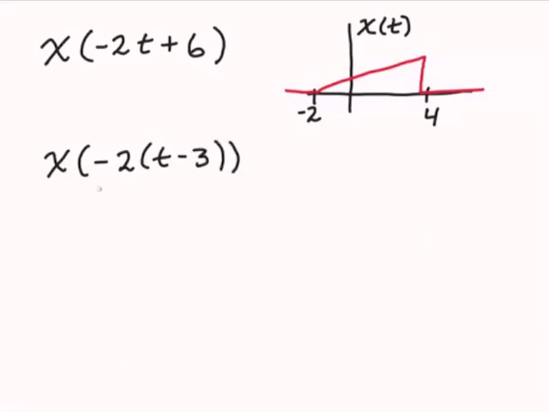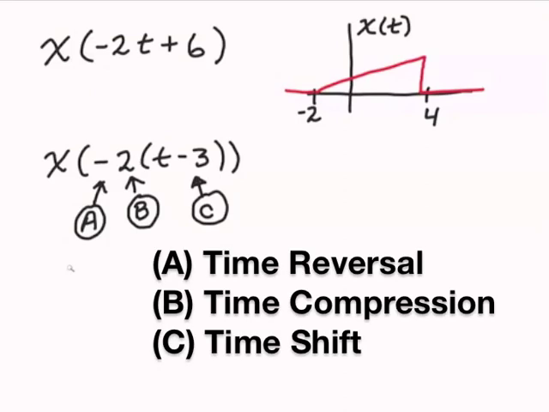By doing that, we can clearly show the different operations. The minus sign here, which I've labeled A, the 2, which I'll label B, and then the -3, which I'll label C. These are our three operations. A corresponds to time reversal, B corresponds to time compression, and C corresponds to time shift.